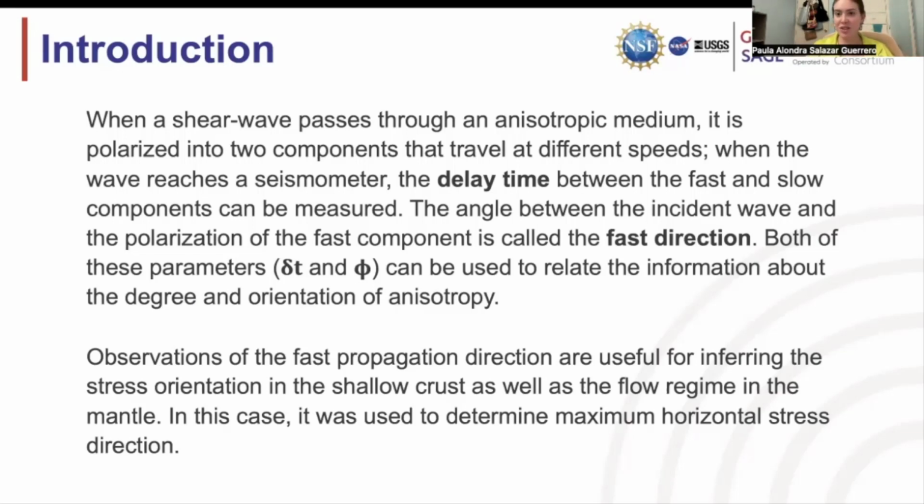It's important to mention that the observations of the fast propagation direction are really useful for inferring the stress orientation in the shallow crust, as well as the flow regime in the mantle. In this case, these observations were used to determine the maximum horizontal stress direction in the San Jacinto fault zone.